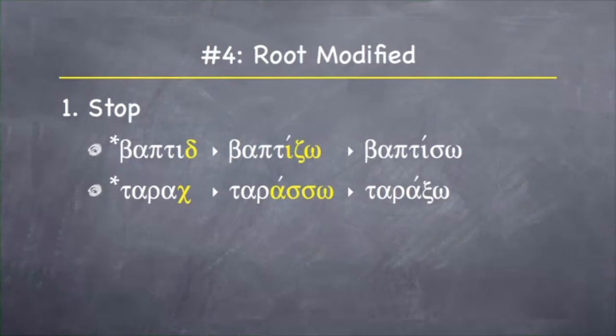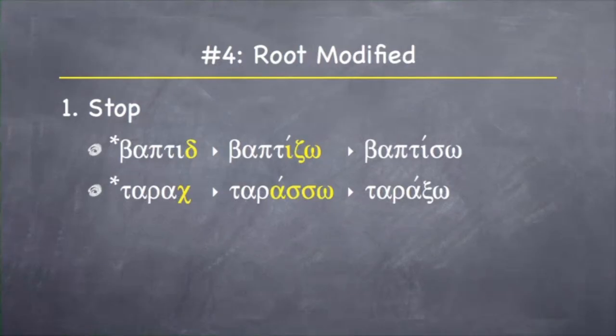You also are going to learn the word tarasso. We call them aso verbs, obviously, for how they end. What you're going to see is that aso verbs have roots that actually end in a velar. So you're going to memorize tarasso from the root tarak with a he. Well, what happens to any velar when you add the sigma of the future?